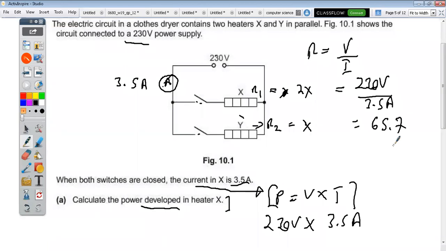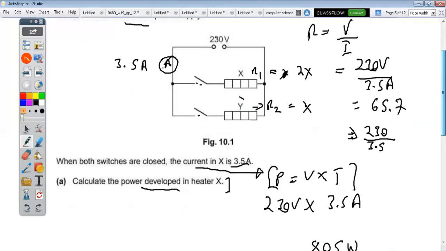It's 65.714285. Okay, there's a reason. Let's leave it as 230 over 3.5 for now. We don't want to round it, or otherwise you store the actual value.